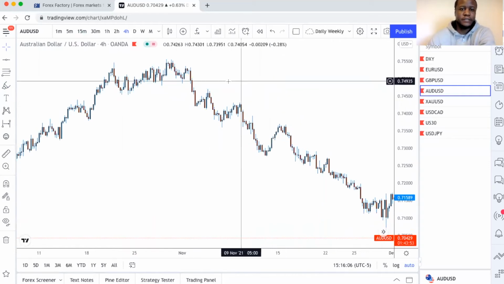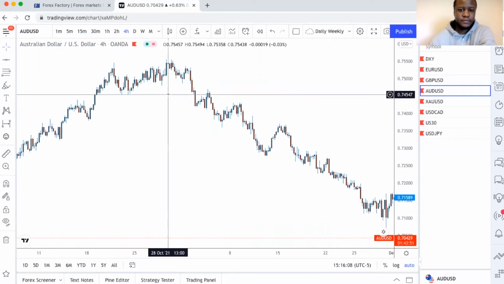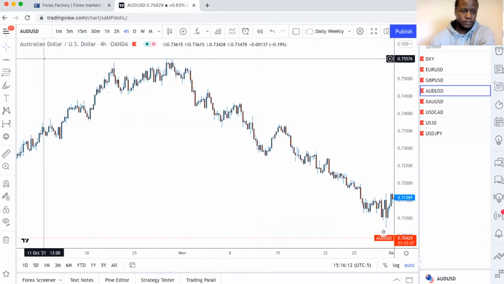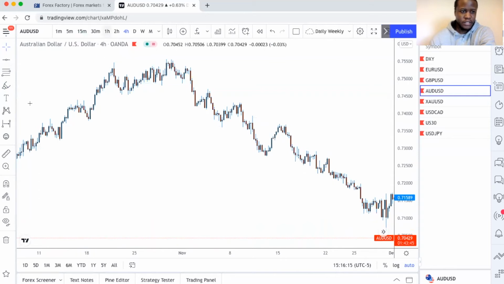So what we have right here. Once again, we have consolidation after this swing low. So we'll look for this swing low to be taken out.